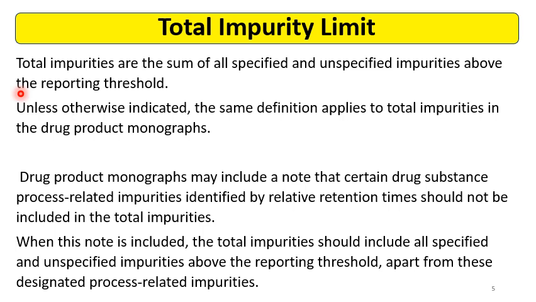Unless otherwise indicated, the same definition applies to the total impurities in drug product monographs. So the total impurity for drug substance and drug product is similar. The drug product monographs may include a note that certain drug substance process related impurities, identified by the relative retention, should be included in the total impurities.